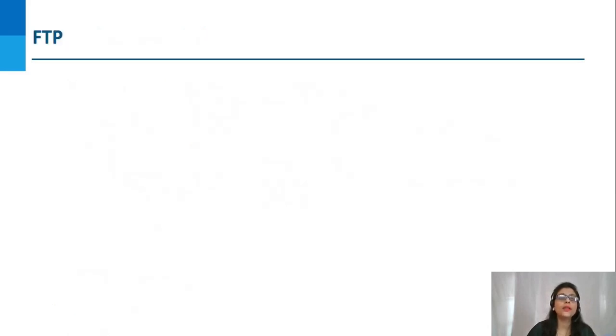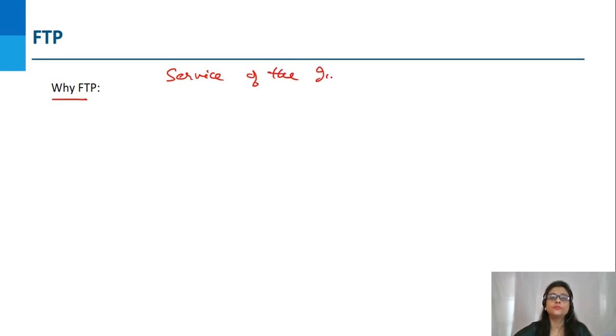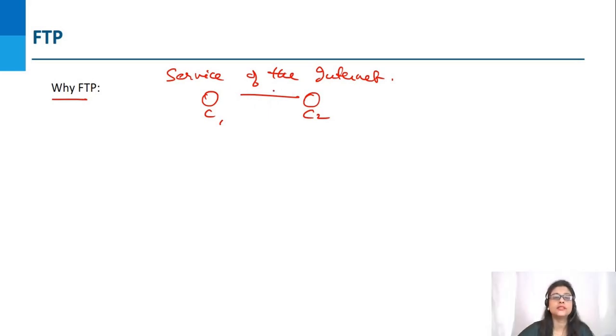Let us understand what FTP is. File transfer is a very important concept and service of the internet. It may seem that transferring a file from one computer to the other computer is very easy, but that is not a very easy task. Why?